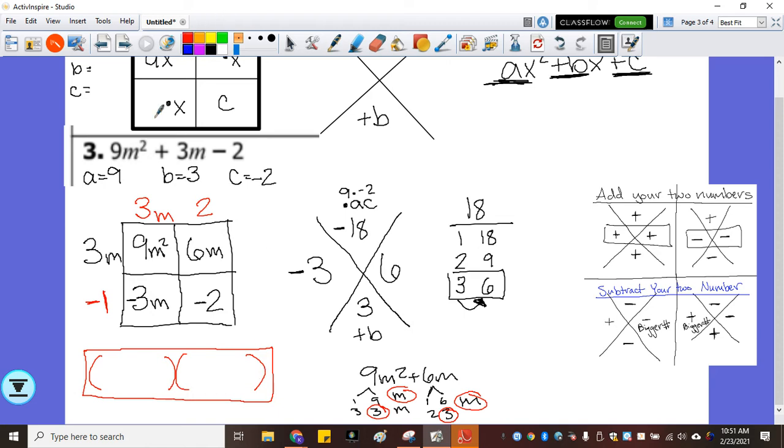We factored, so our outside is our answers, right here and here. And make sure you always have a sign in the middle of your 2. It's a positive 2, so I put a plus. This one's a negative 1, so I'll put a minus. So 3M minus 1, and 3M plus 2.